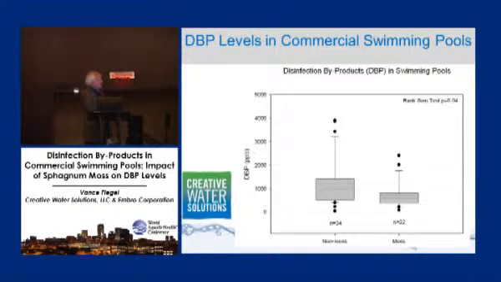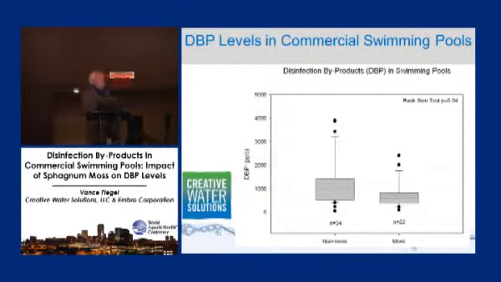We went out and got a cohort of pools that we could sample relatively easily within the Minneapolis-St. Paul area, or Wisconsin, or even down in Iowa, where we could get samples back to our laboratory. We looked at 34 pools that did not ever have sphagnum moss, and then 22 pools that did have sphagnum moss.